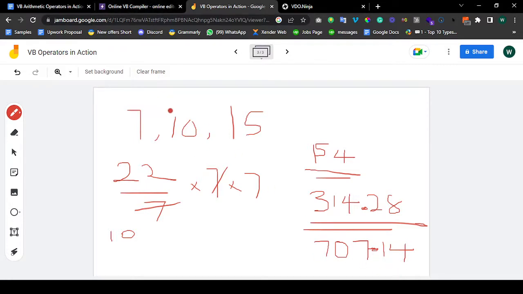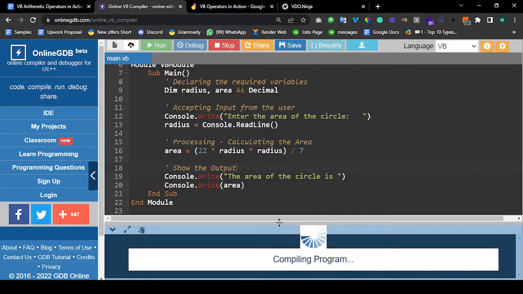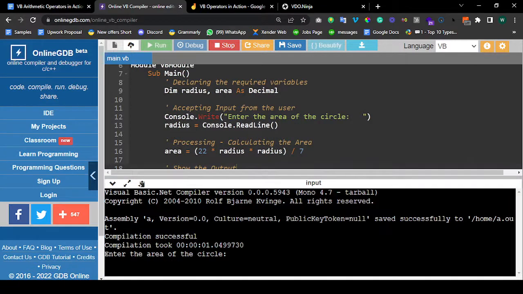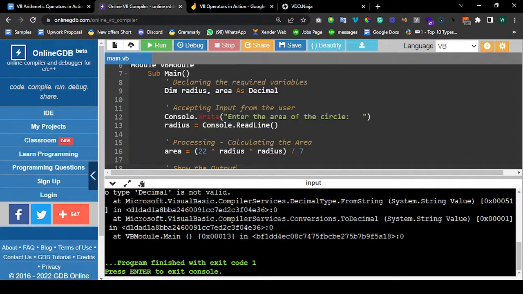So let's go and try out our program. The first one is 7. Run the program. So enter the radius of the circle. 7. No, I've made a mistake here. There's a mistake somewhere.